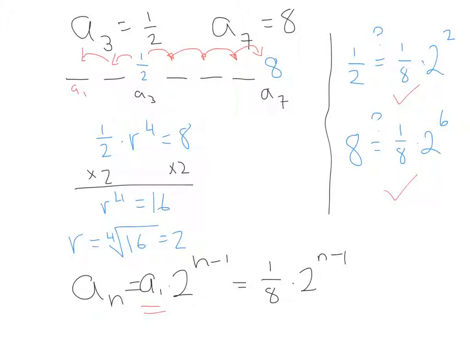You could also have plugged in for 8. Just as we checked, you could have also done those things with 1/8 missing and tried to figure out what a sub 1 is. It's a little easier if you visually just back your way out through the sequence, kind of imagining to yourself, oh, I'm going to divide a half by 2 and then divide it by 2 again. But either way is fine. You can do it formally or you can do it informally.